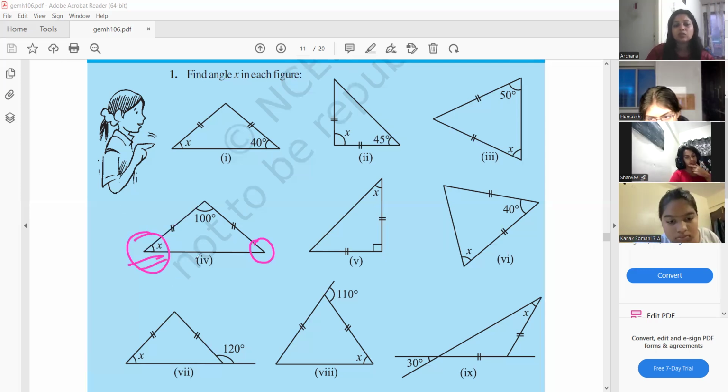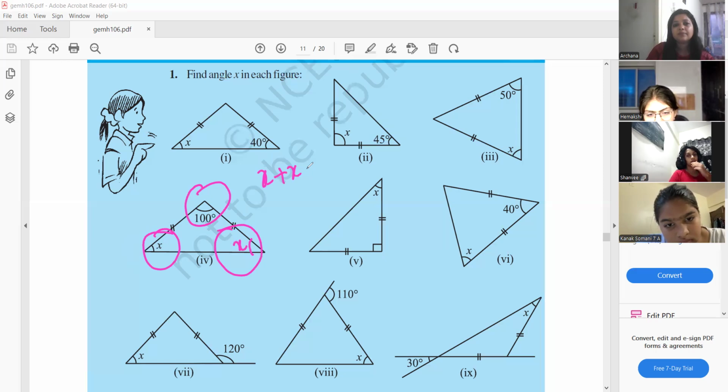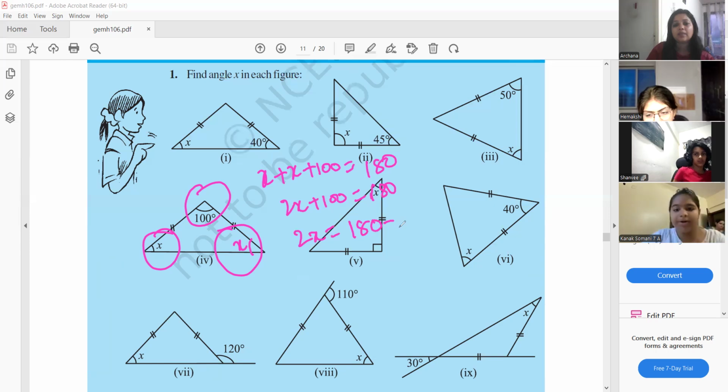So do you think these two angles are equal in measure? Yes, ma'am. So if these two angles are equal in measure, we can take this also as x. So x plus x plus 100 will be 180. 2x plus 100 is 180. Then 2x is equal to 180 minus 100.